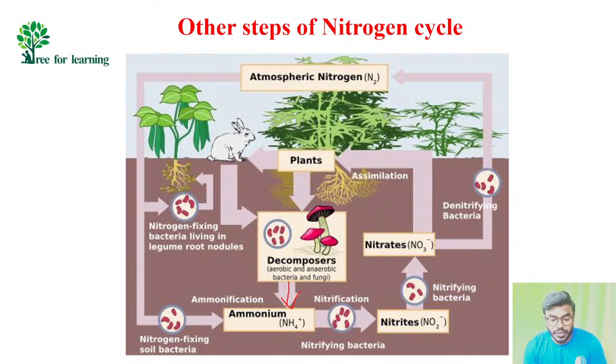Where can the remaining nitrogen be fixed, friends? It can be fixed in the soil in the form of ammonium. And friends, what process will we call this? Ammonification. So we have to study nitrogen fixation, nitrification, assimilation, ammonification.